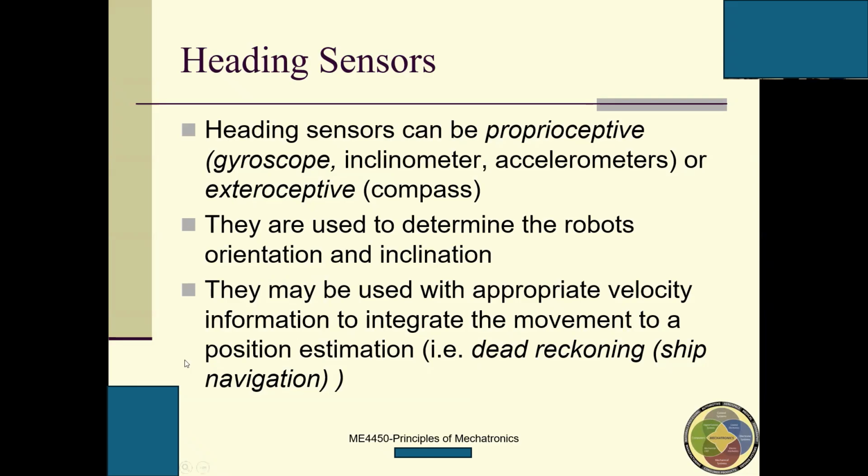They may be used with appropriate velocity information to integrate the movement into a position estimate. For example, dead reckoning is a type of navigation. So these are the heading sensors.